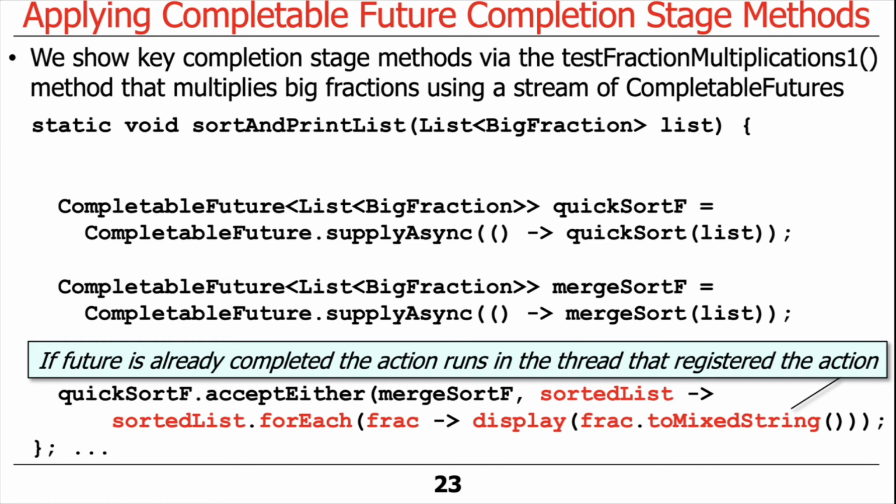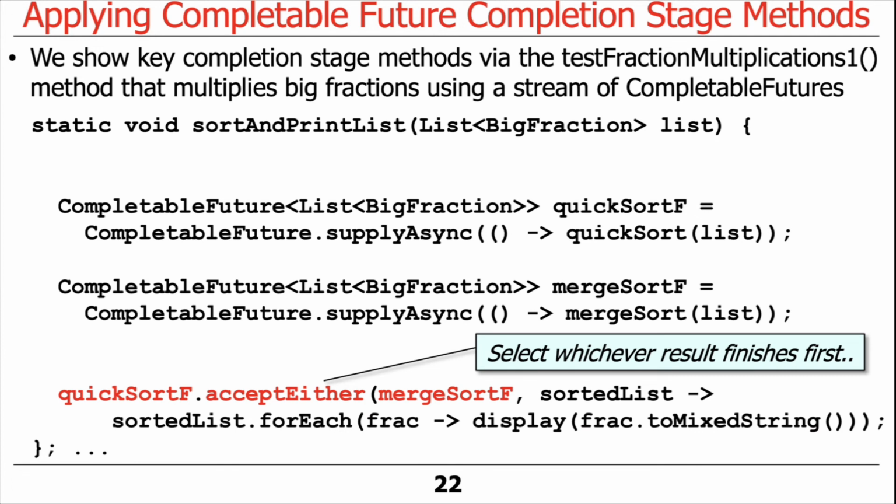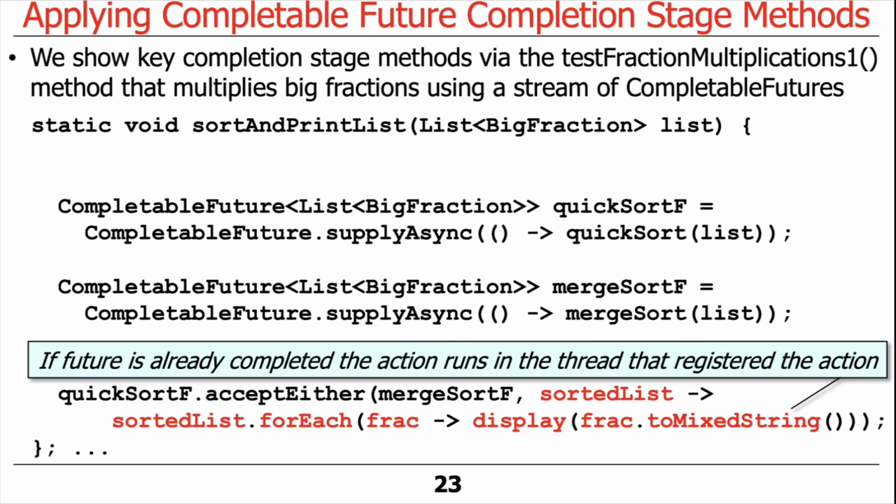Now here's an interesting little bit of trivia. If whichever one finishes first, the quicksort future or the merge sort future, finishes before acceptEither is called, then the thread that calls acceptEither will be the one where the action is run.